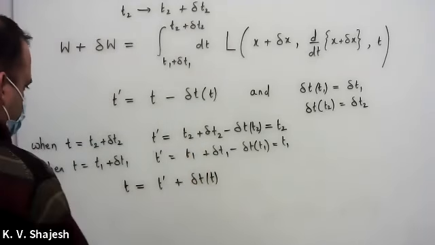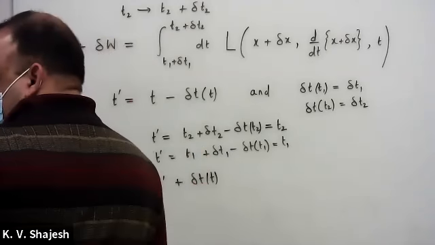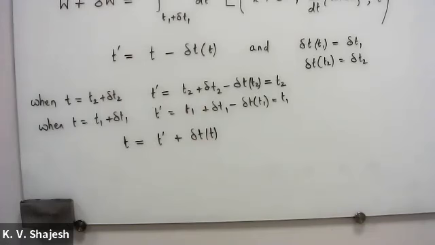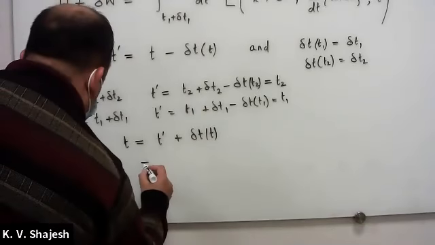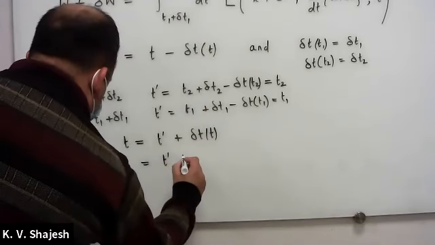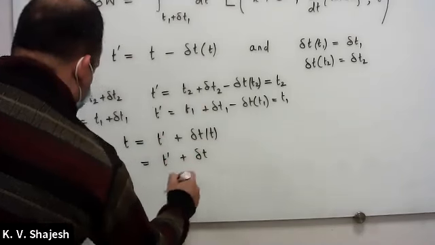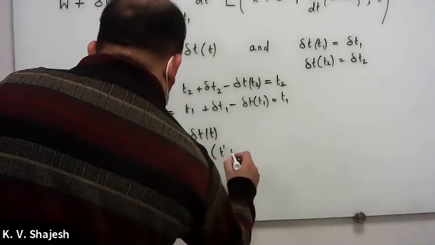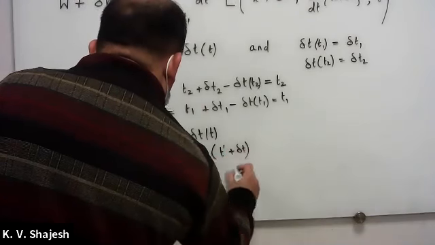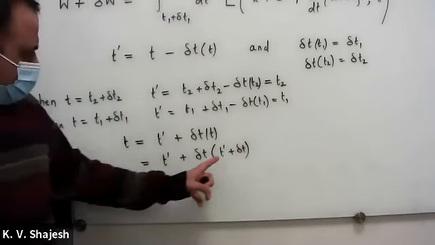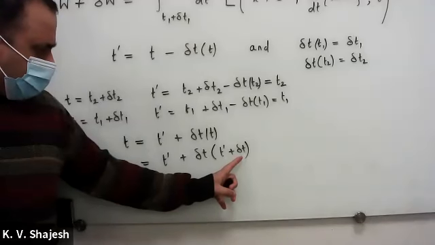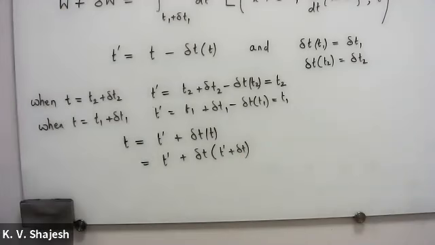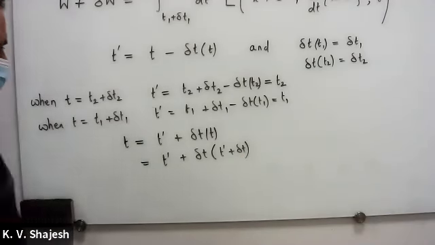Substitute this again. So this is equal to t prime plus delta t of, substitute this again. So this is like iterating it. There's another delta t. But the contribution due to this delta t inside here is going to be second order.